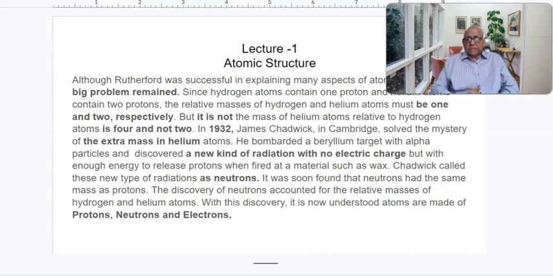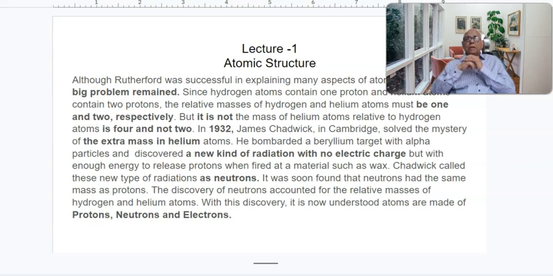Rutherford, though, was successful in explaining the aspects of atoms, but a big problem remained. The big problem is that a hydrogen atom contains one proton, as you know, and a helium atom contains two protons.